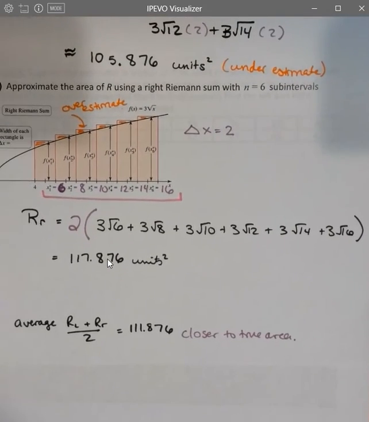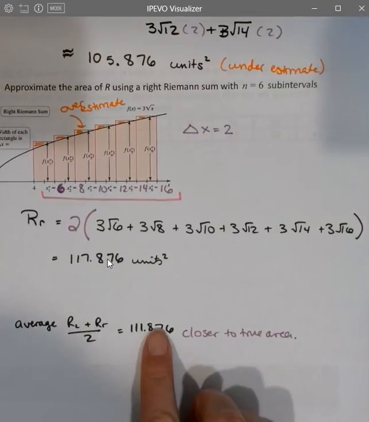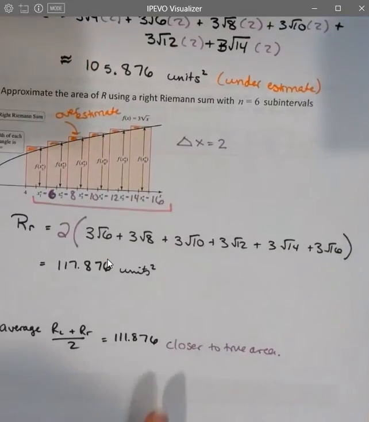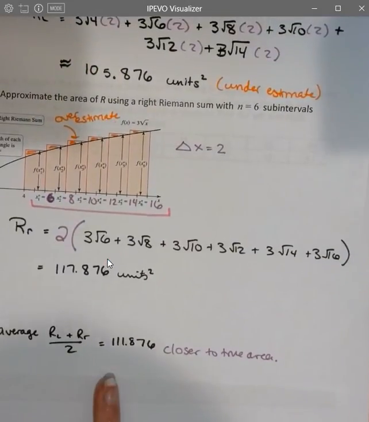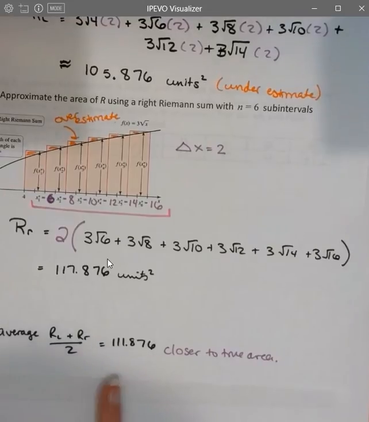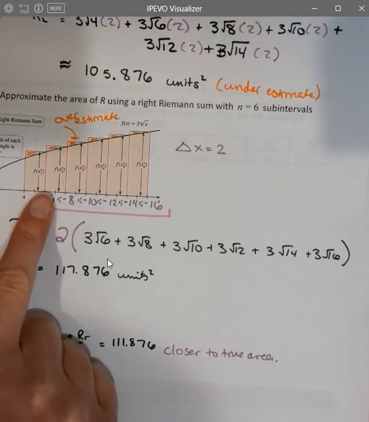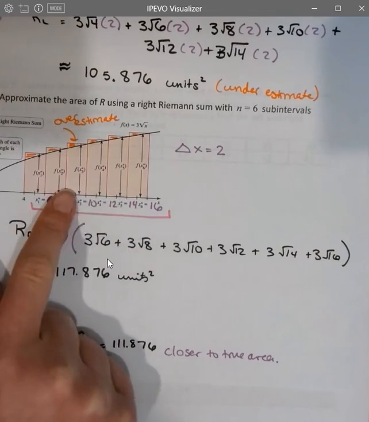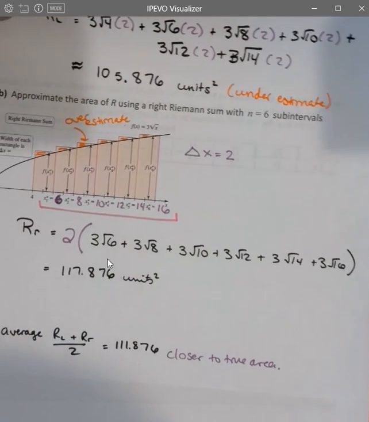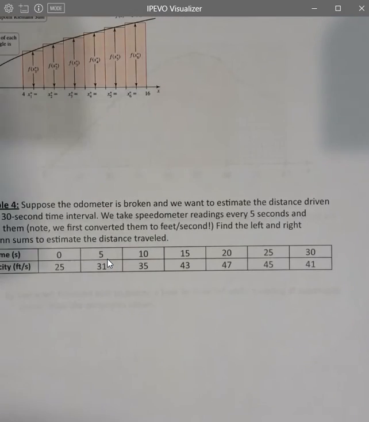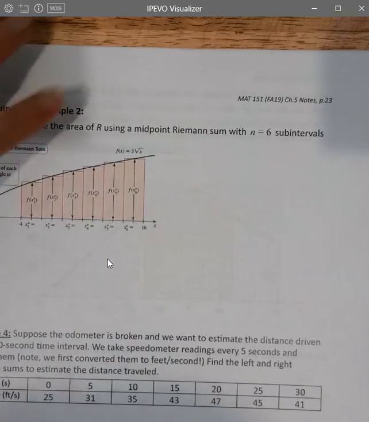If I average those two things, we get a value that's closer to the true area maybe than both of those were. Now I can't always average them to get closer to the true area, especially if one of them is not purely over or purely under, but if they're both purely over, purely under, maybe I can get closer by averaging them. It's just something to think about. Won't always work because I don't always have all over, all under. Okay, like in this case.